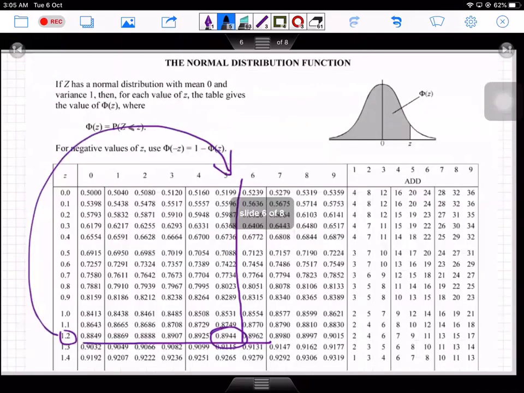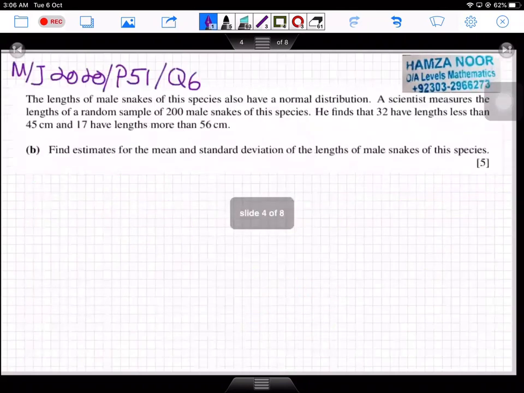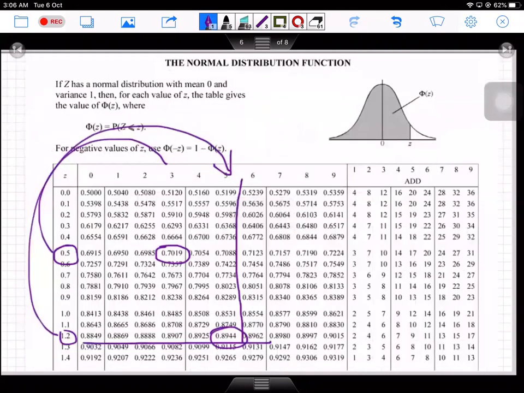Well, let's come on to your normal distribution table. Where is 0.702 lying? 0.7019 is over here, so the value corresponding to this is 0.53. It is the nearest value to 0.702.